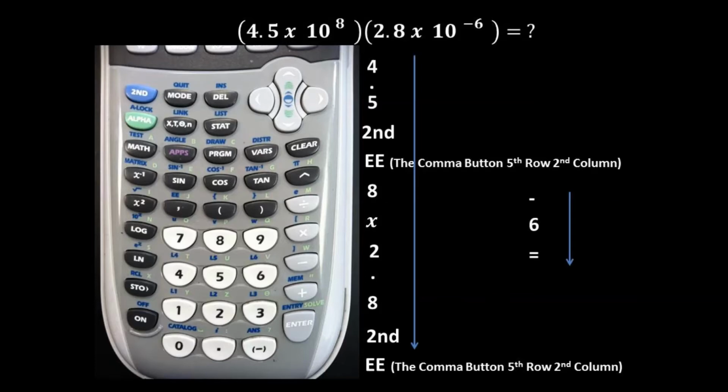The negative is down in the lower right corner, the negative in parentheses, and then you hit 6, and then you hit equals.